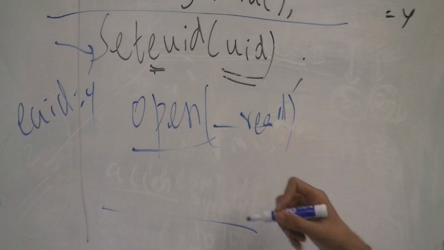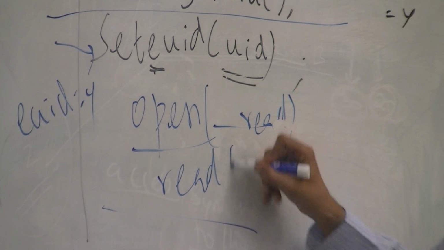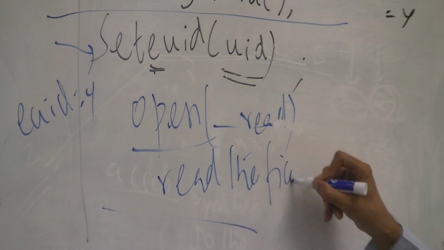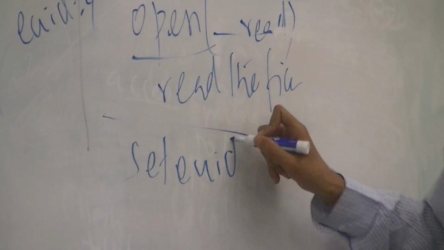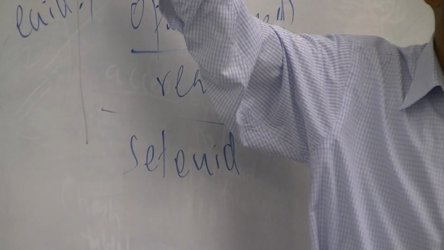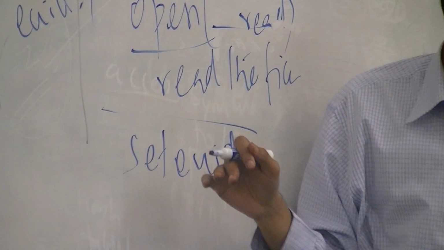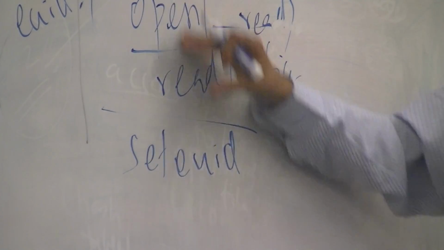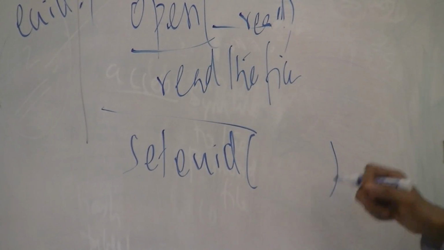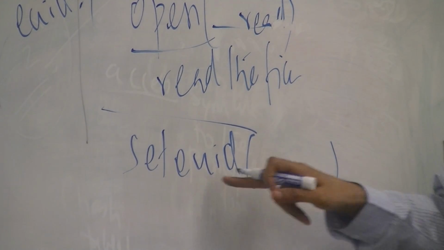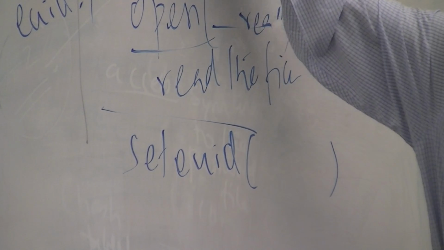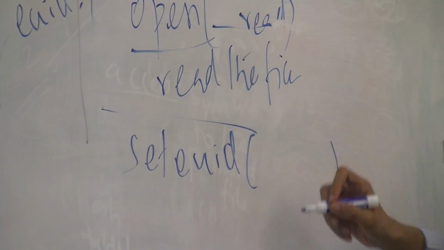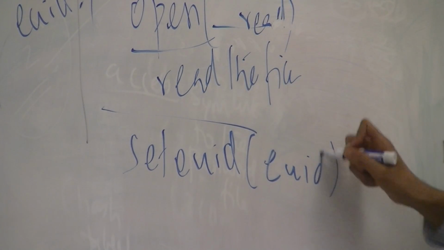So after you read the file, you are done with what you want to do with the open and read functions. You get back the original privilege, because you know this is a set UID program. You don't want to reduce the privileges forever. So after you really read the file, you set the effective user ID back to the root, which is this EUID. The root is stored in this variable, right? So you set it back to this.